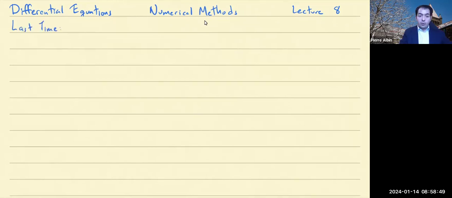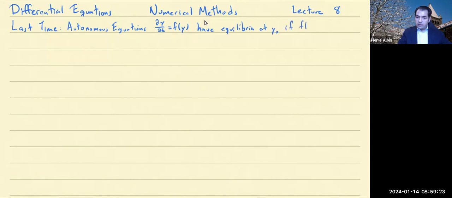Last time, we talked about autonomous equations. A first-order ordinary differential equation is autonomous when the right-hand side only depends on y, that is f of y, when you've written it in this normal form. An autonomous equation has an equilibrium at those constants where the right-hand side vanishes.